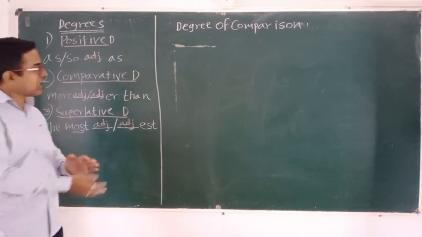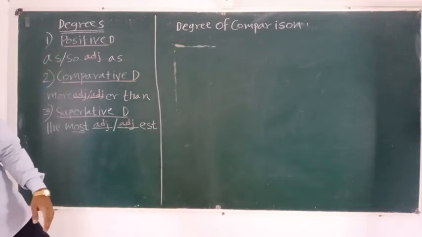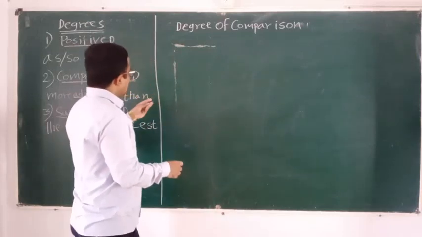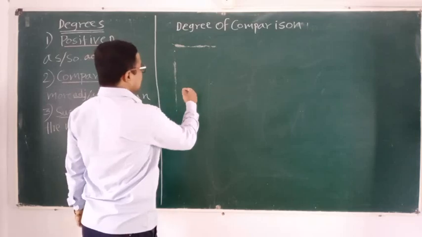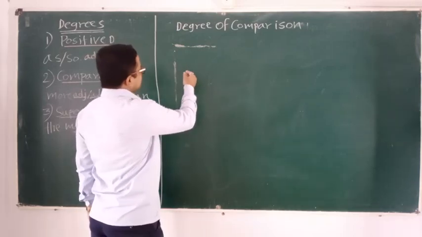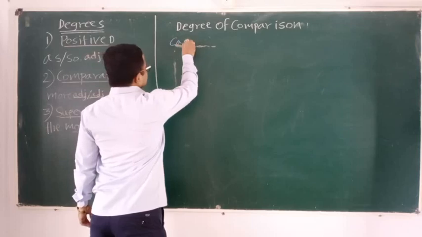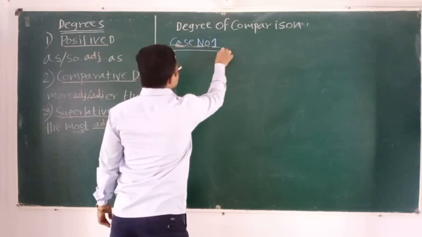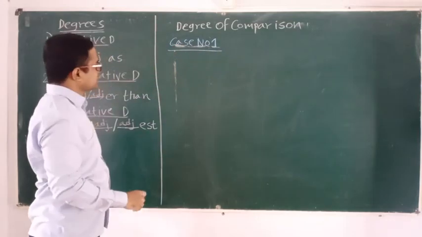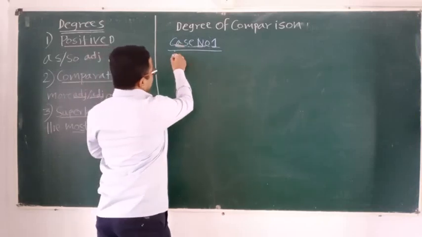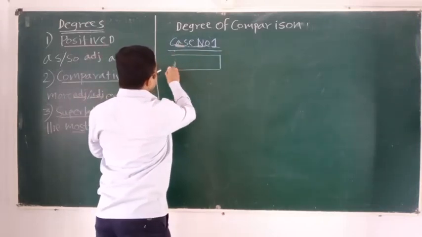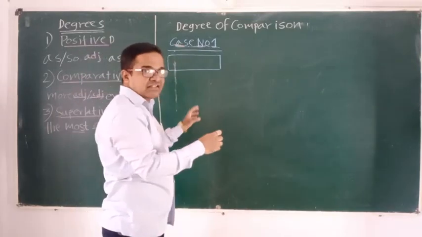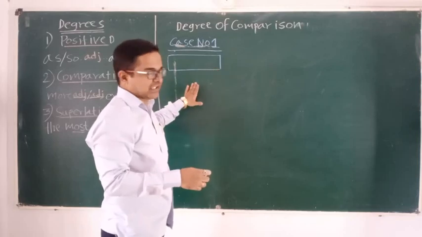Now there are three ways of solving the degree sentences. I have named them as cases. There are three cases. Case number 1. Here the comparison is made between two objects.